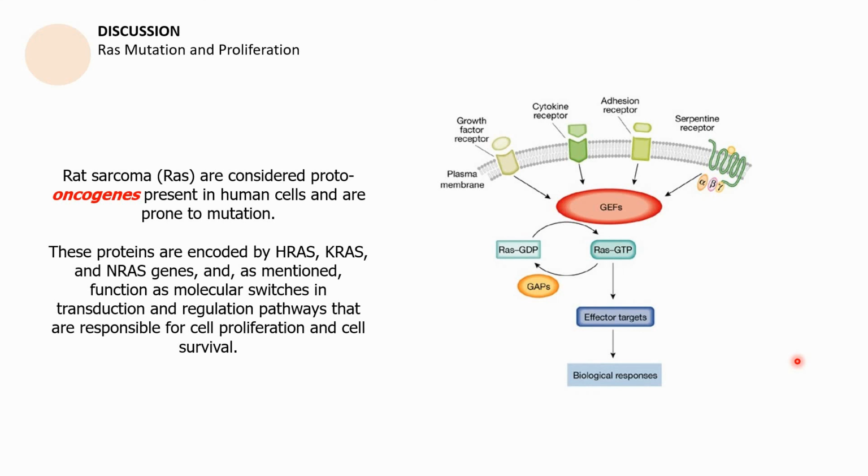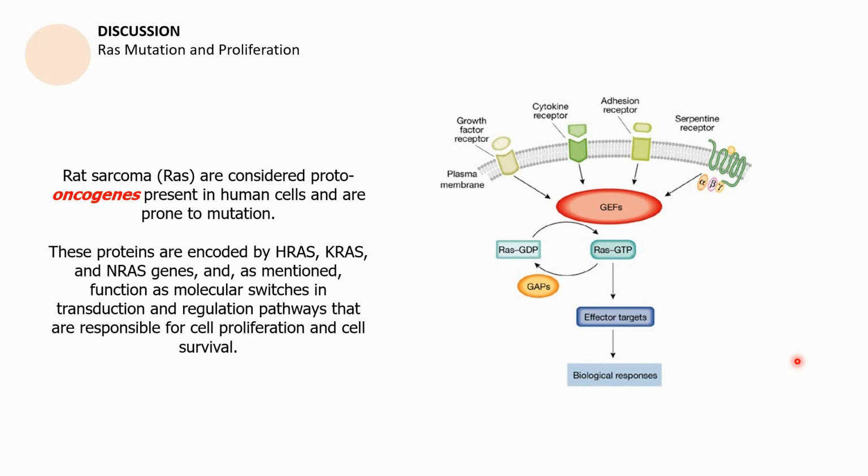So ayan, rat sarcoma are considered to be those that have the capability of turning a cell into a cancer cell, which are present in human cells and are prone to mutation. So let's take note of that. These superfamily with those wide abilities, they are also prone to mutation.